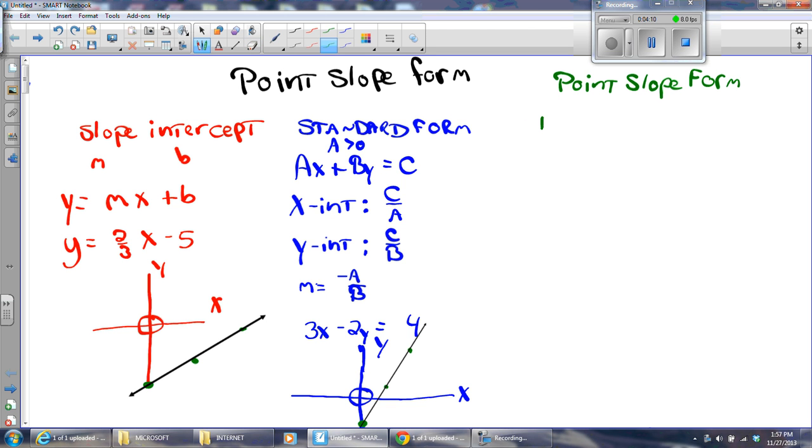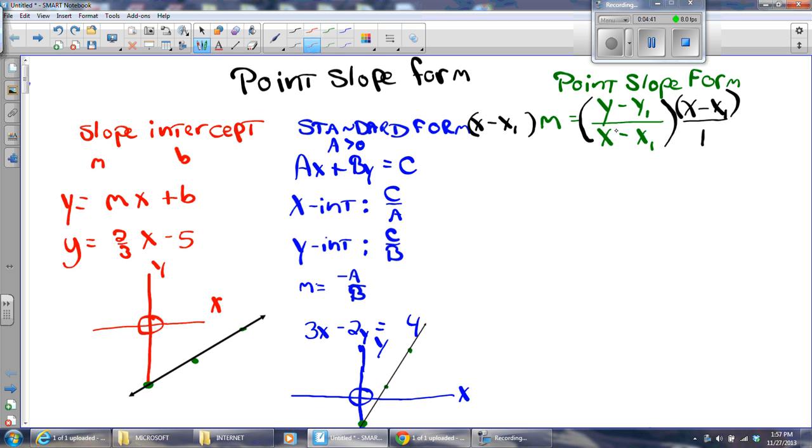So I'm going to rewrite it as m equals y minus y sub 1 over x minus x sub 1. And I'm going to multiply to get rid of my fraction. Well, my denominator is x minus x sub 1, right? Put that over 1. And I'm going to multiply by x minus x sub 1 here.